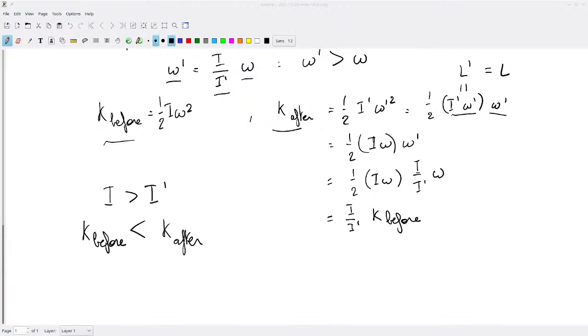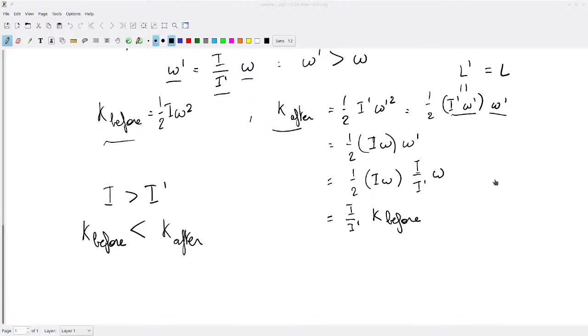The thing that was always true in translational motion problems was that momentum was always conserved, but kinetic energy was only constant in some cases, namely elastic collisions. The same thing is true in rotational motion with angular momentum.